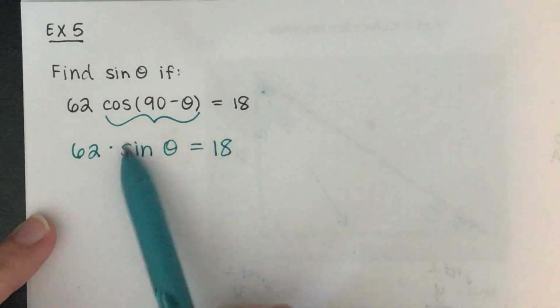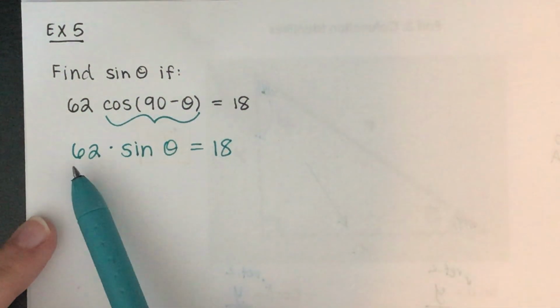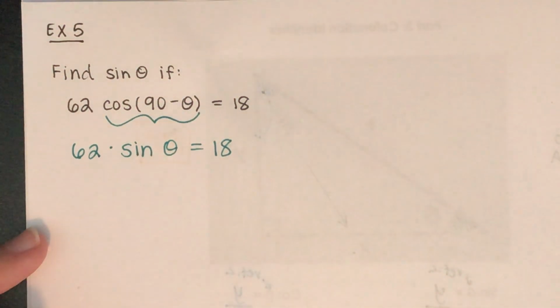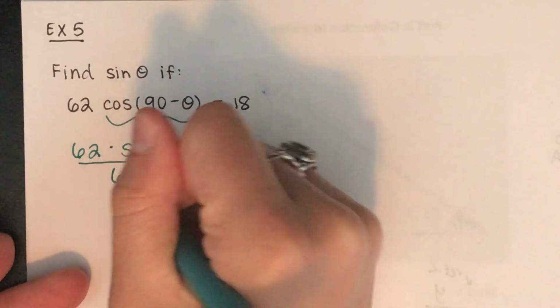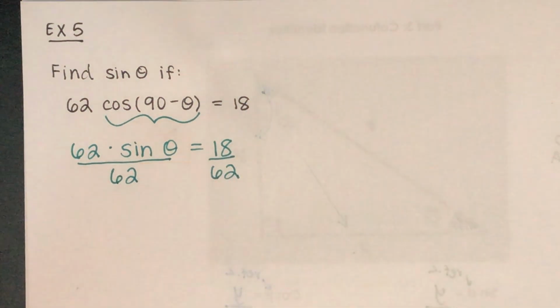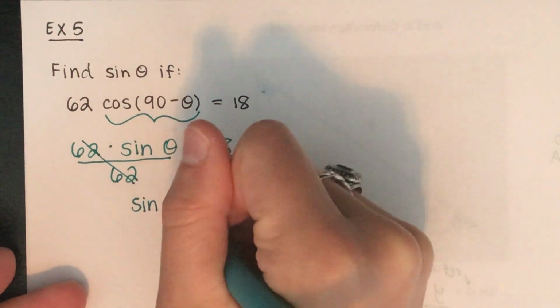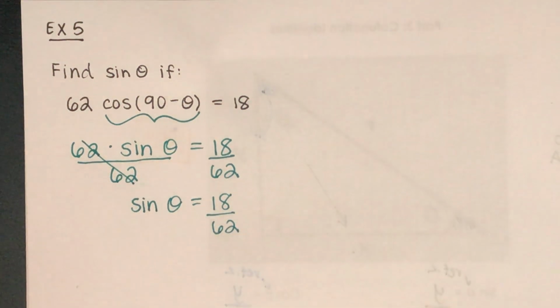And now I want to get sine of theta by itself because it's asking me to find sine of theta. So this is 62 times sine of theta. In order to get rid of that, I'm going to divide both sides by 62, and on the left my 62s are going to cancel. So I get sine of theta equals 18 over 62.